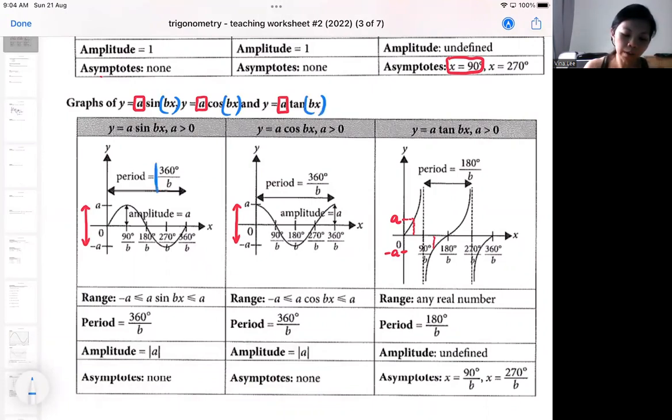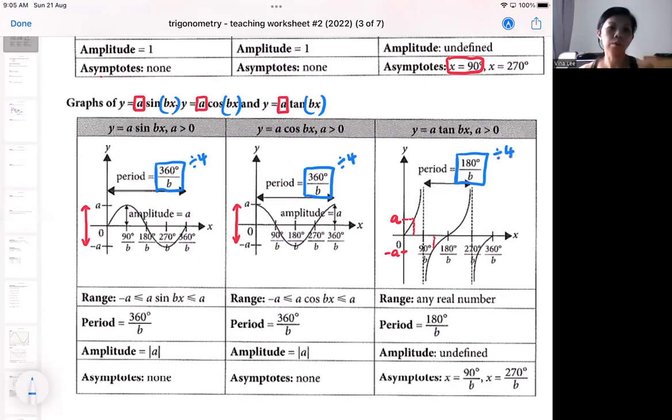So in a way, this is the formula for the period. So sine and cosine, they got the same formula. For tangent, it got a different formula. So no matter what the period is, you're still going to mentally divide by 4 when you're doing the sketch.